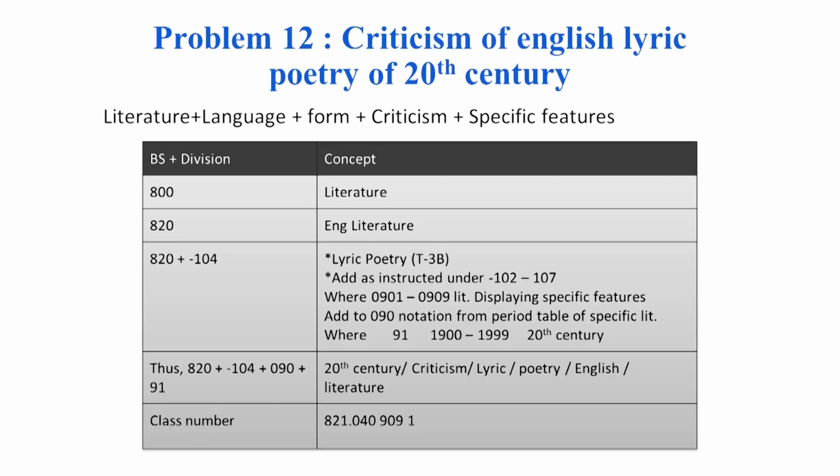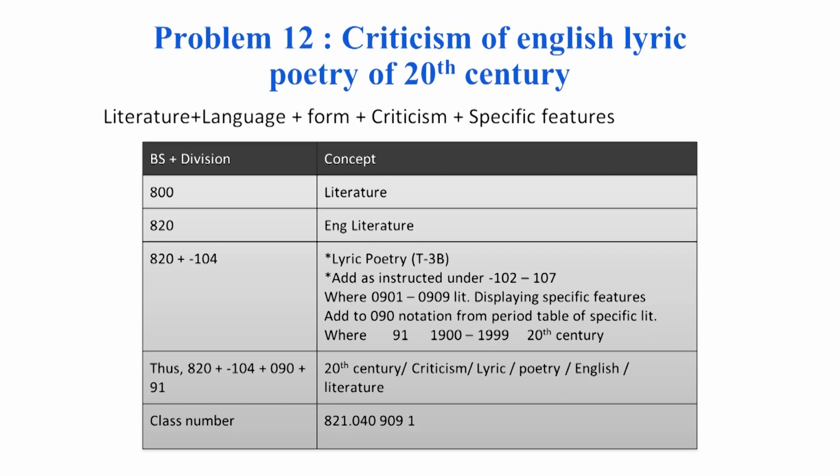Similarly, a resemblance will be obtained from the collection of English poetry of 20th century. Here the same number will appear. 8 means literature, 2 means English, then 104. This 104 means lyric, then 080 means collection, and then the last 91 means 20th century.